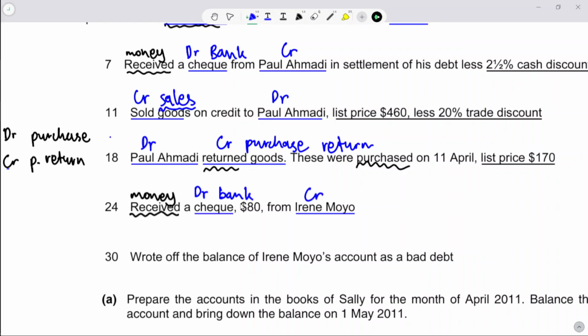Then let's go to the next line. Two lines. So bad debt is actually an expense. So we debit. If there is one debit, another one will be credit.